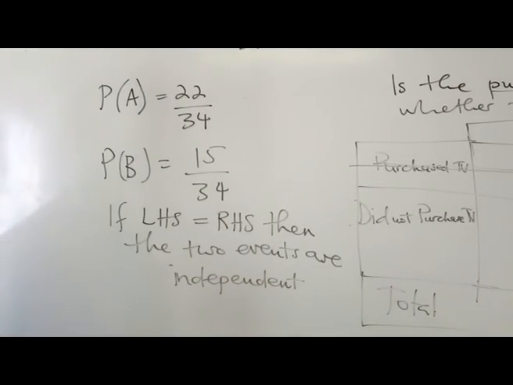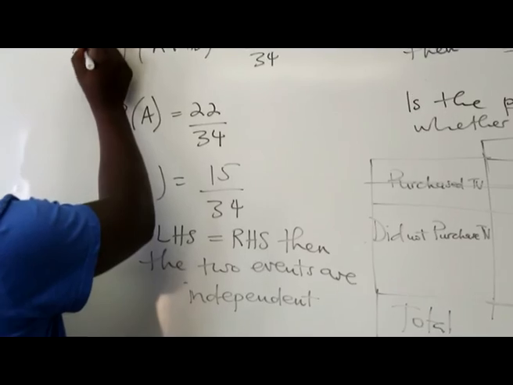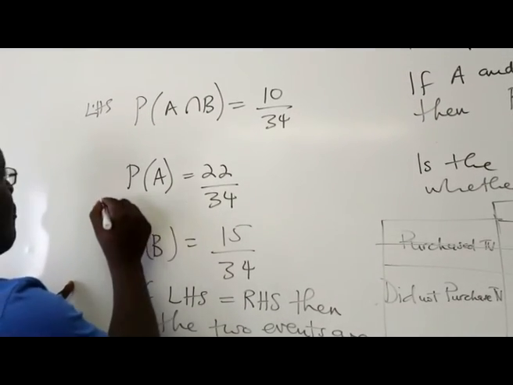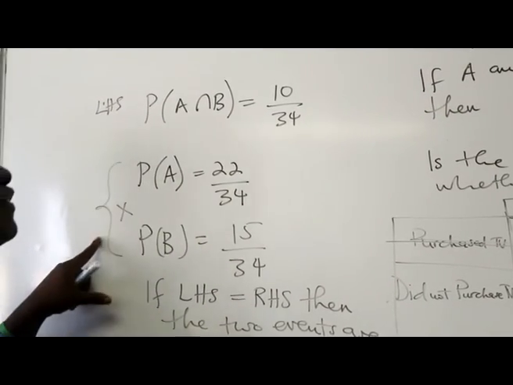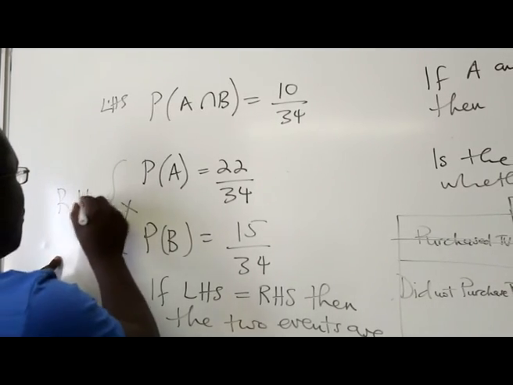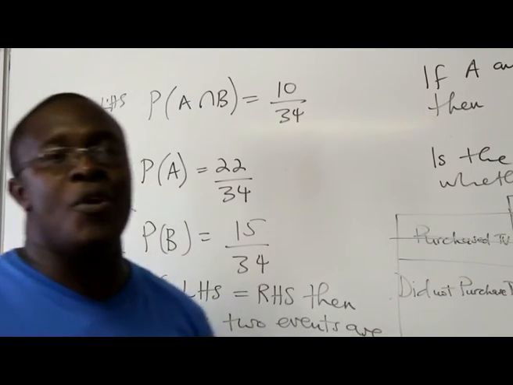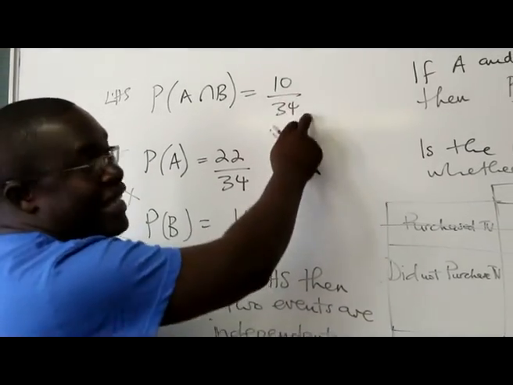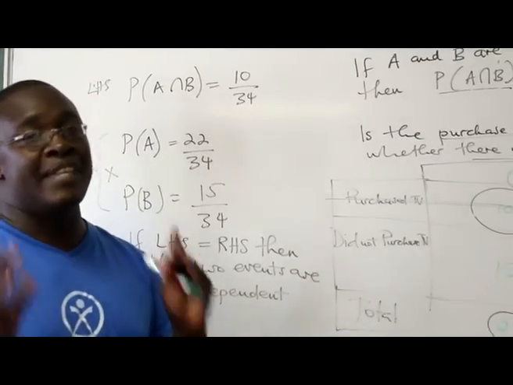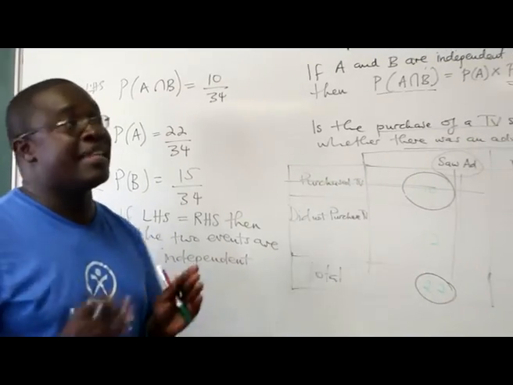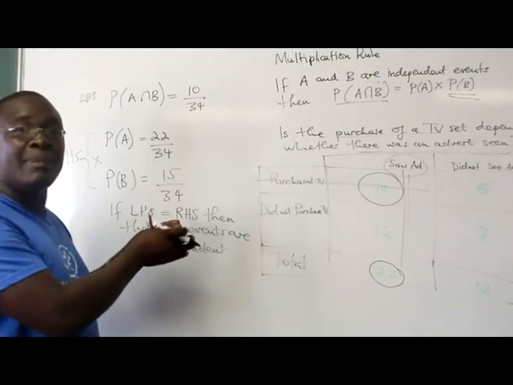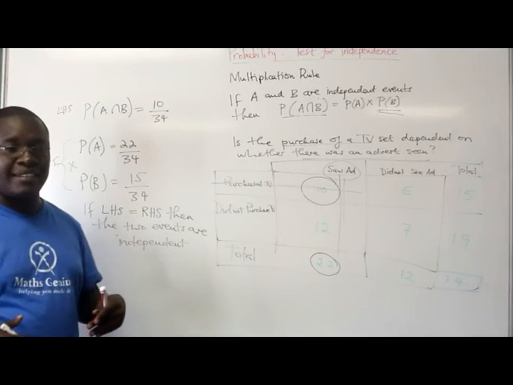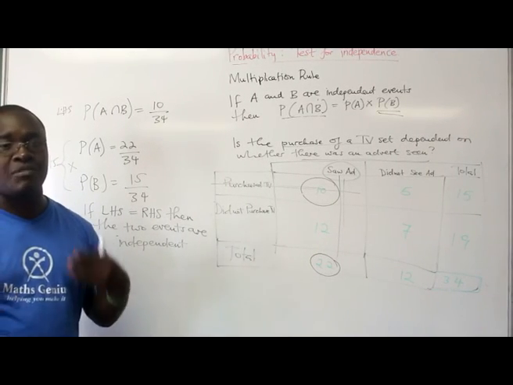This is your left-hand side, and the product of these two will give you the right-hand side. Now, it is your homework to multiply these two and compare with 10 out of 34 and see if they're going to be equal. If equal, then you know you've actually proven independence. If not, then the two are dependent.